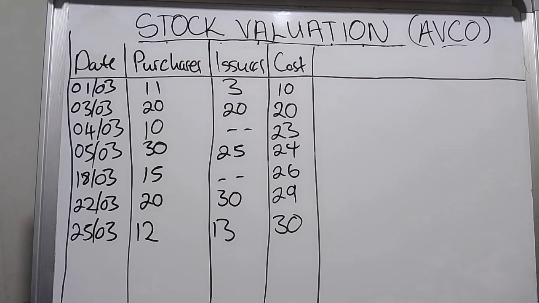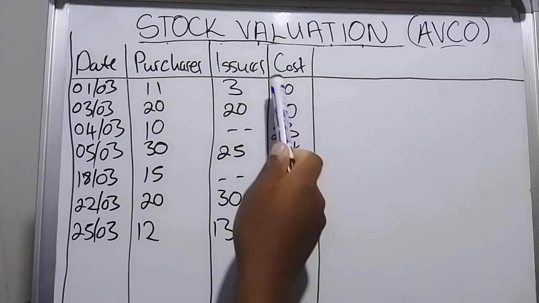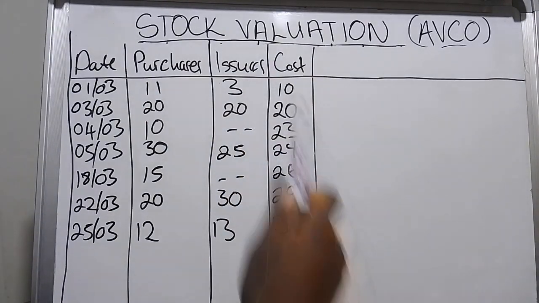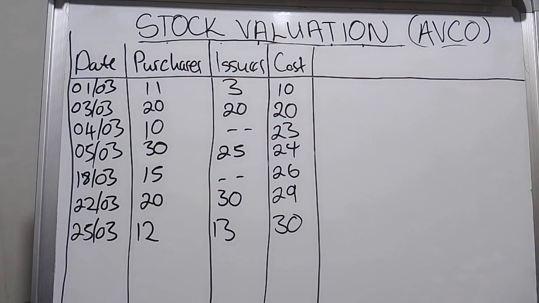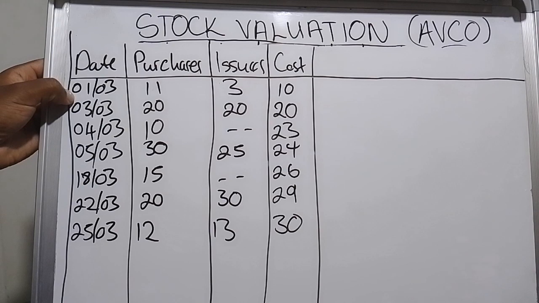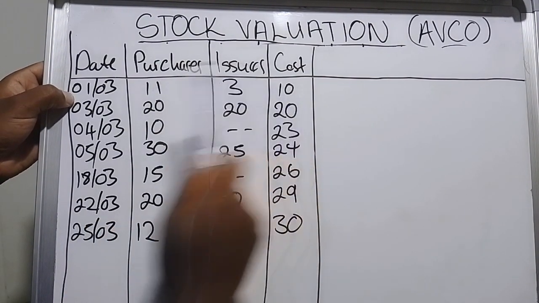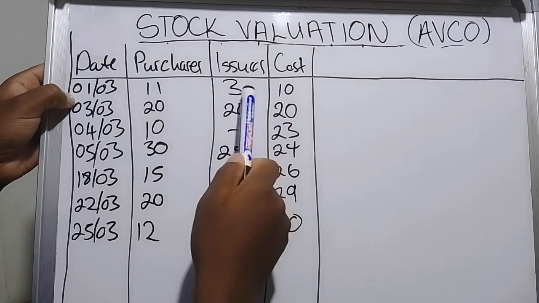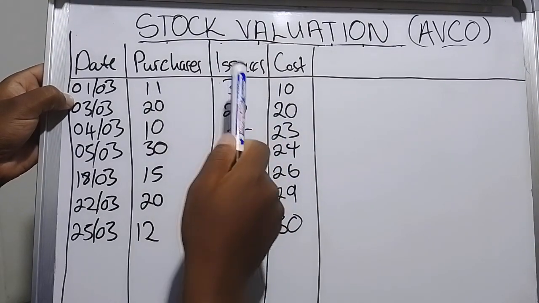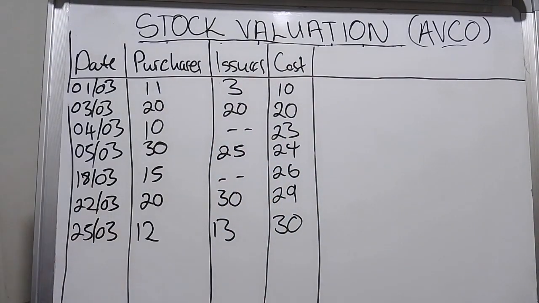Now we have a question on the board. Our question gives us the dates, the purchases, issues, and cost. Issues can be sales. Okay, so we have our dates here. On the 1st of March, we purchased 11 items at the cost of $10, and on the same date we sold 3 items, or we issued out 3 items.